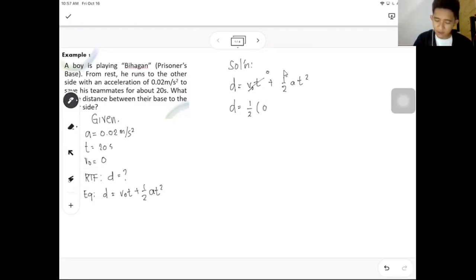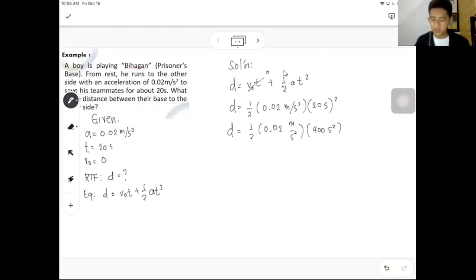Acceleration is equal to 0.02 meters per second squared times 20 seconds squared. So d now is equal to 1/2 times 0.02 meter per second squared times 400 seconds squared.